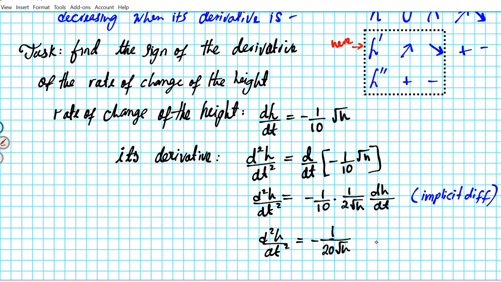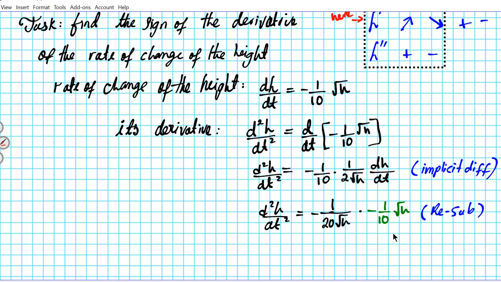And then instead of dh/dt, we're going to plug in what dh/dt is right here. Let me color code it so we can see what's going on. Make it green. Negative 1 over 10 root h. You see that? So this is a consequence of resubstitution. So we are resubbing. You always want to resub when you find higher order derivatives during implicit differentiation.